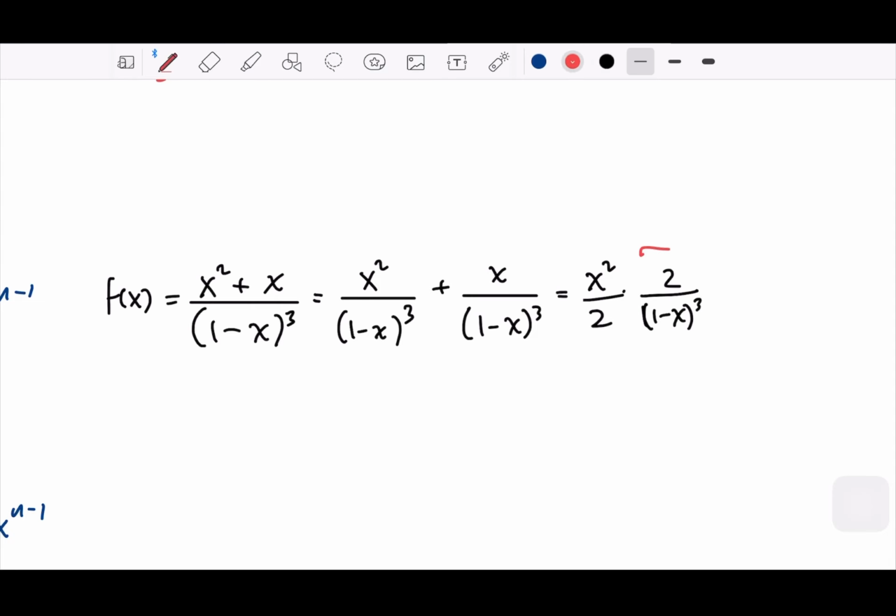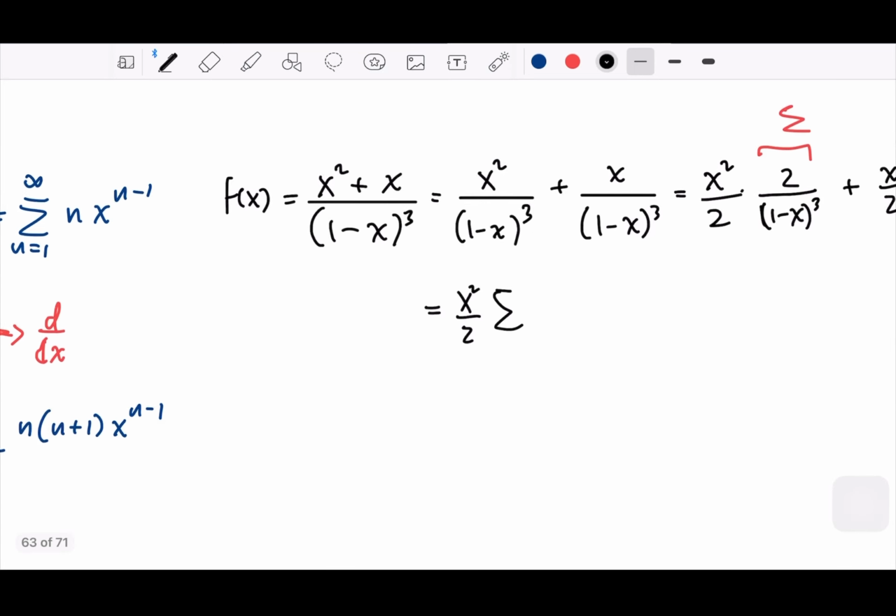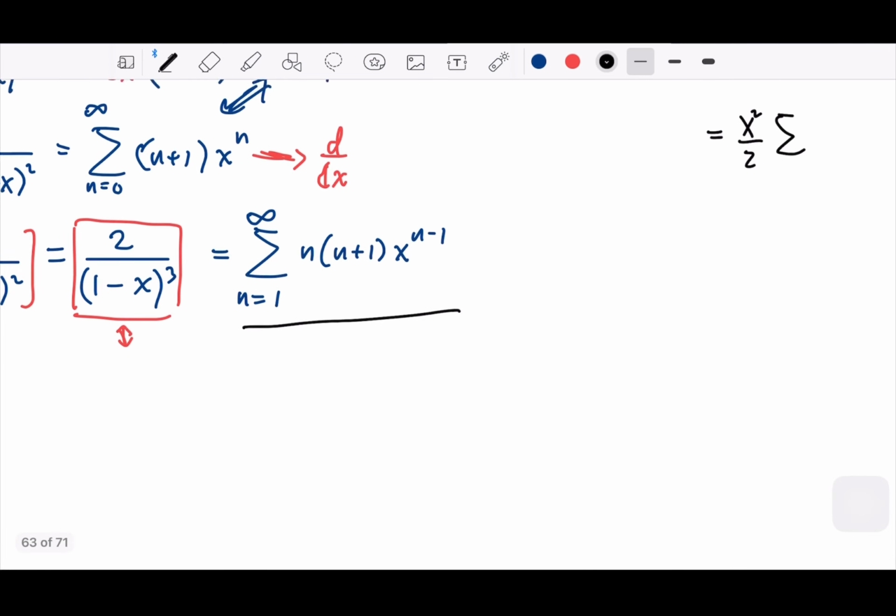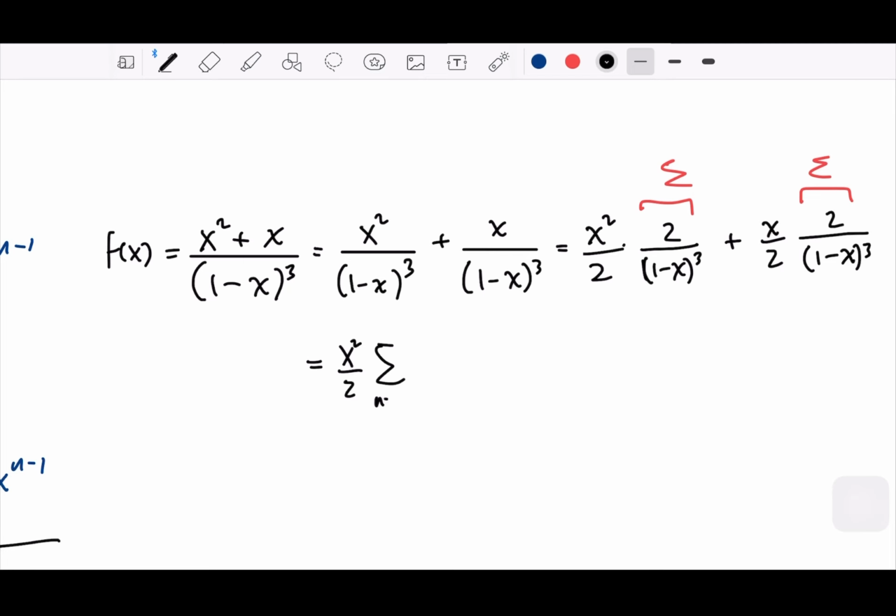So we are going to exchange this later on with the sum, and do the same thing with this one, x over 2, 2. We are going to change this into the sum. Okay. Now we can write this in terms of sum. So n equals 1, this is (n plus 1), x^(n minus 1), and plus x over 2.